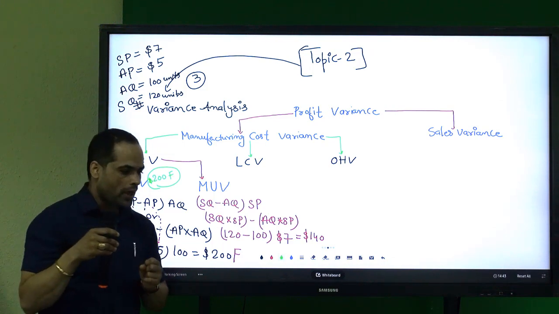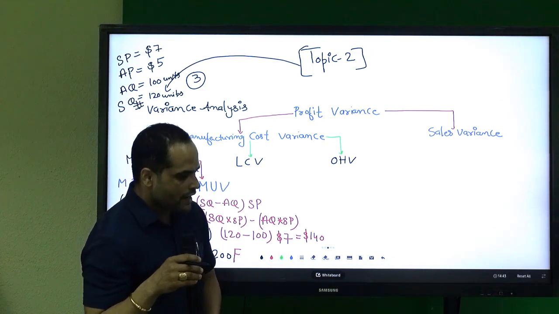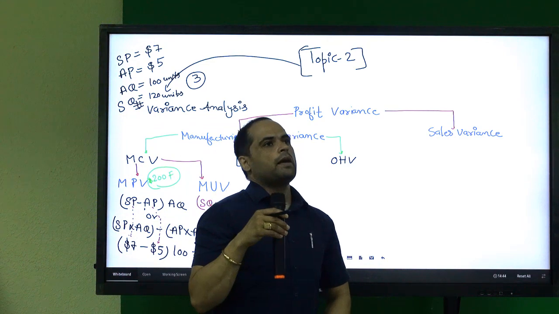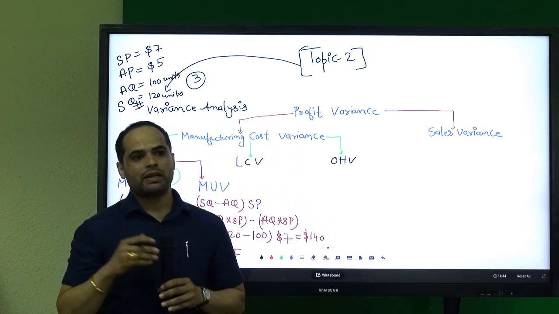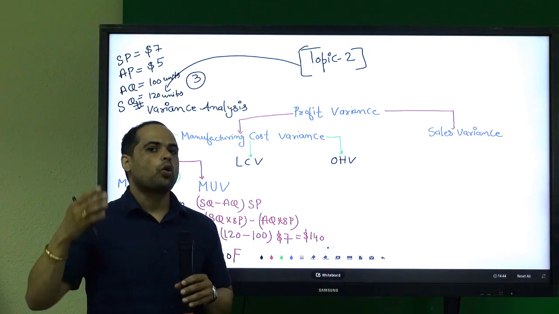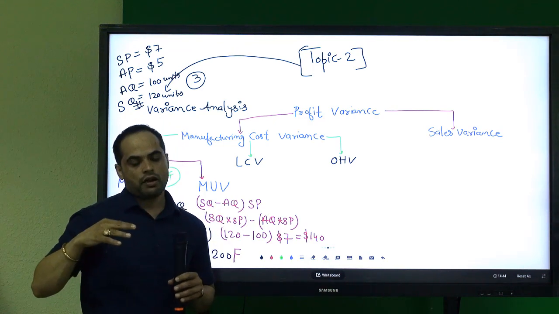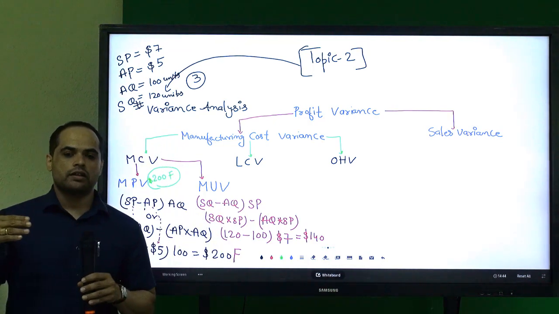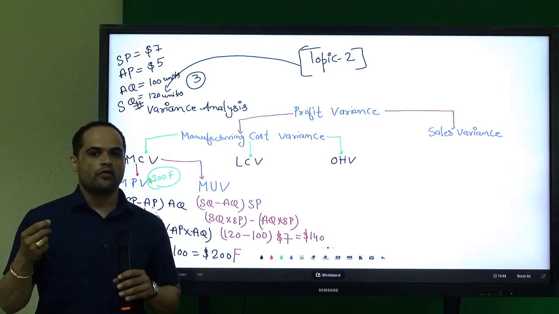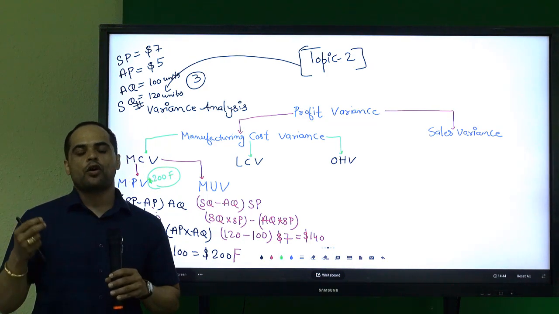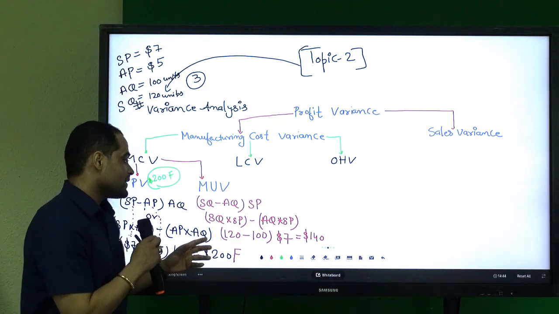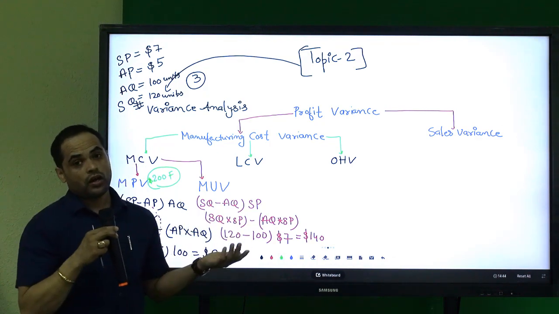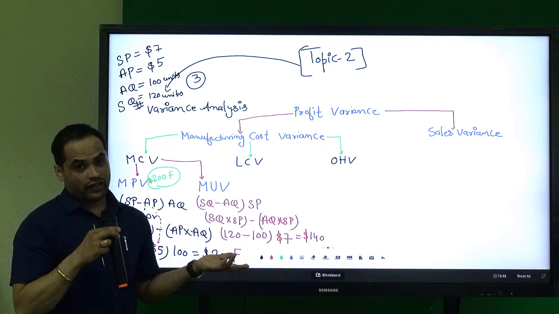But please note that whenever a company estimates the standard, it keeps in mind the quality of the materials. If we use a lower quantity of materials, the quality of products may be affected. So here we can't say that this is bad.